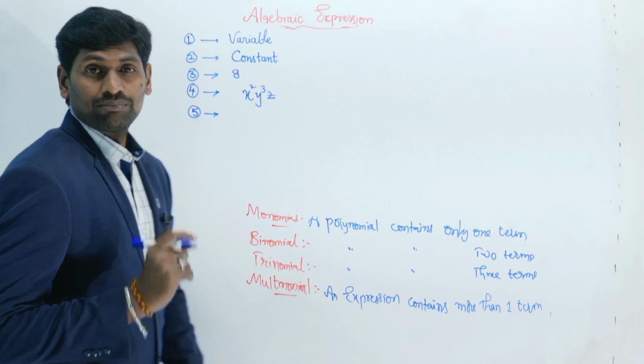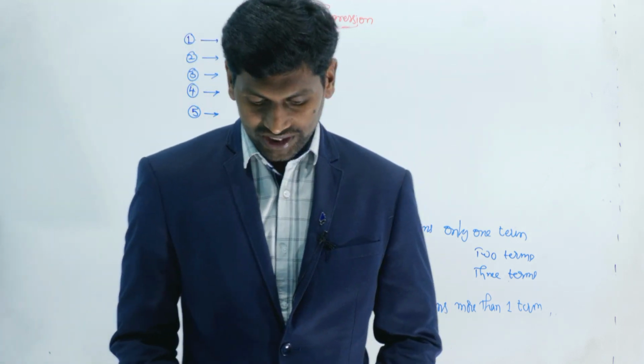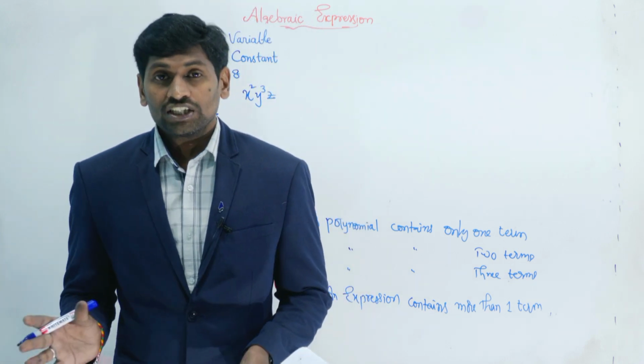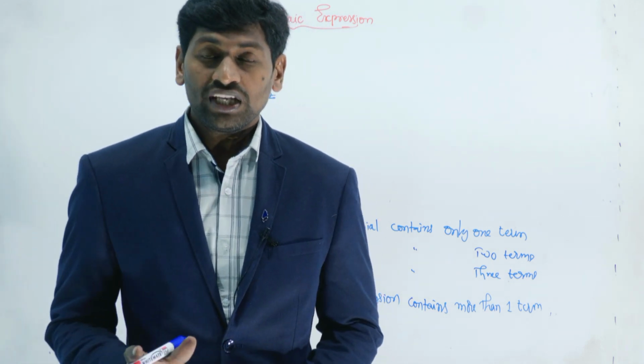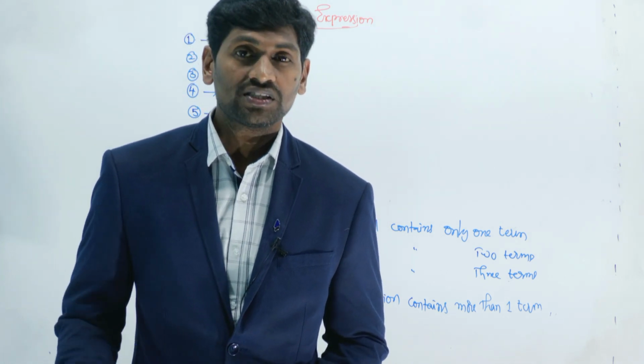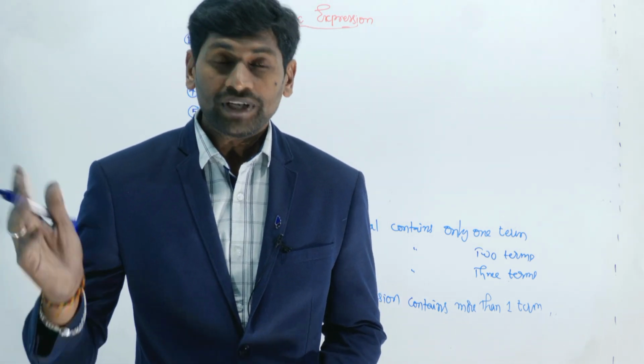Let us go to question number 5: which of the following is a polynomial? A polynomial is an algebraic expression containing only non-negative integral powers, meaning the exponent should not be negative.